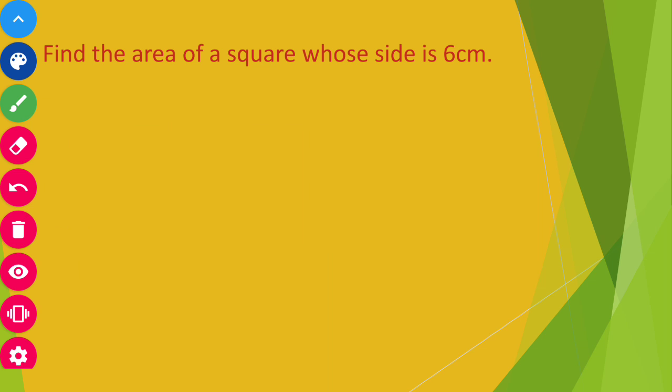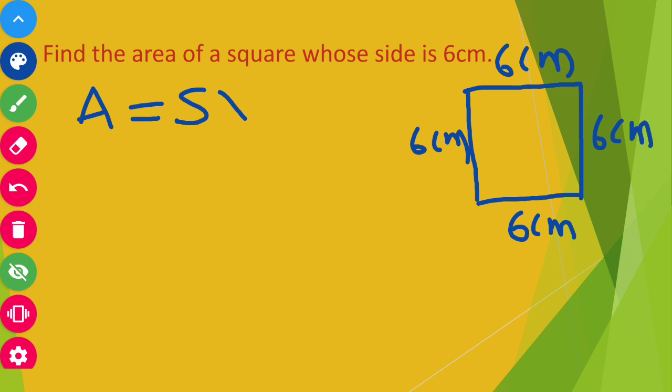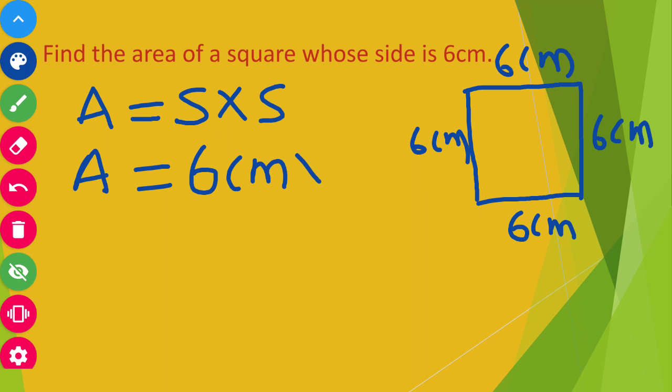Now here, this is a worksheet problem. Find the area of the square whose side is 6 centimeters. Children, the square side is 6 centimeters. As you all know, each side of the square is the same, isn't it? So what is the formula? Area of the square is equal to side into side. I am just expressing it with S. So area of the square is equal to, what is the side length? 6 centimeters into 6 centimeters. Now 6 into 6 is 36.